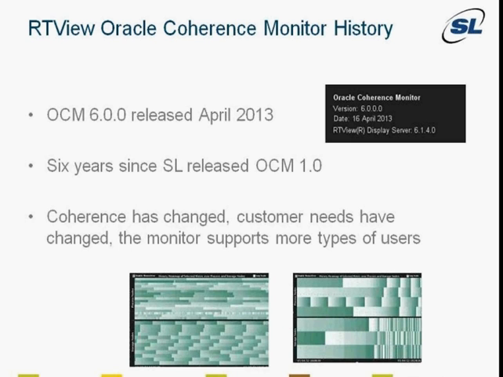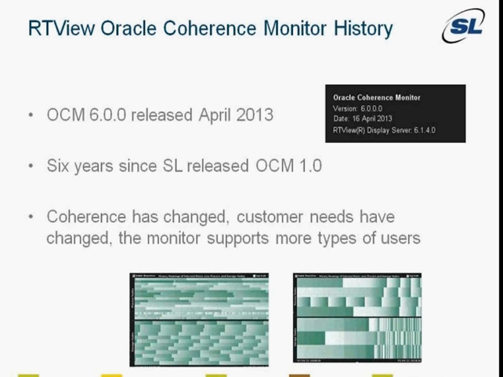The use cases that people have are changing and becoming more complicated. We are also working with a much larger range of customers than we did in the past. When coherence was newer in 2006, 2007, most of the people that we worked with were developers.